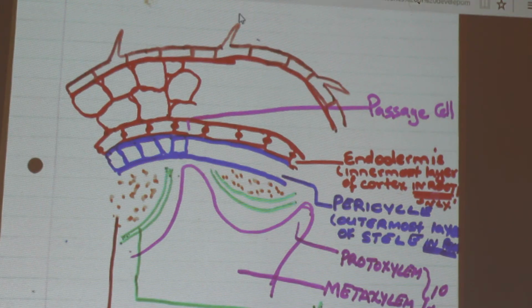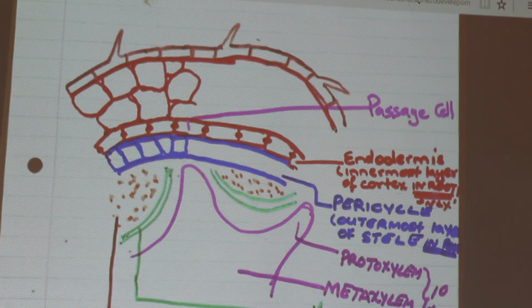The root, of course, has the root hairs, which are an extension of an epidermal cell, the cortex, and these dots here are showing you the endodermis, then the pericycle, then the phloem, and the xylem. And of course, if it is a growing plant, it will have a vascular cambium.